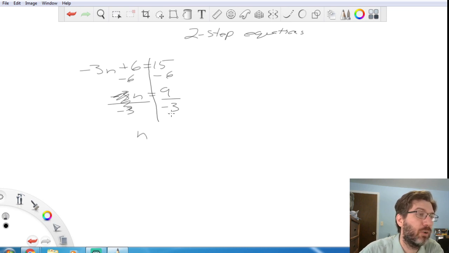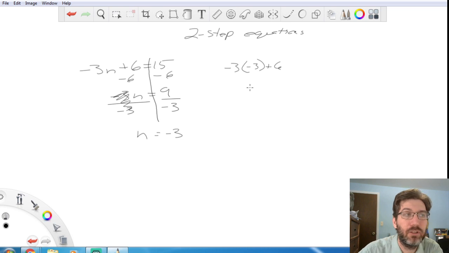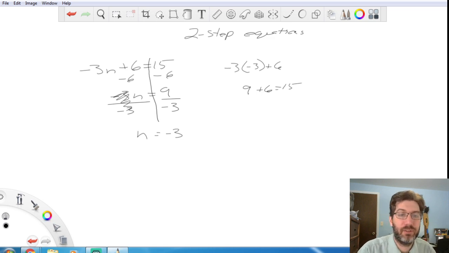However, 9 divided by negative 3 does not equal 3, it equals negative 3. So in this case, n equals negative 3 instead. And you can figure that out by plugging it in. We have negative 3 times negative 3 plus 6. Negative 3 times negative 3 gives you 9. 9 plus 6 gives you the 15. So, easy enough there.